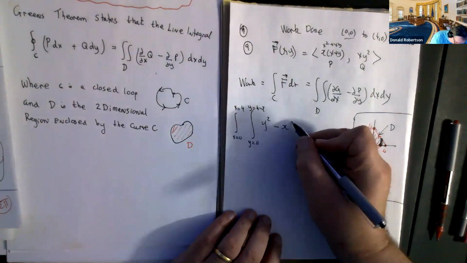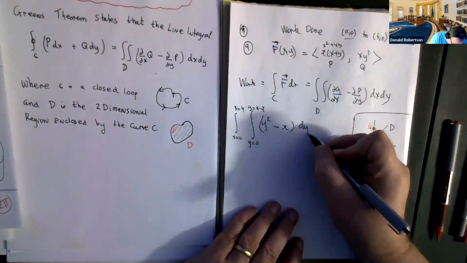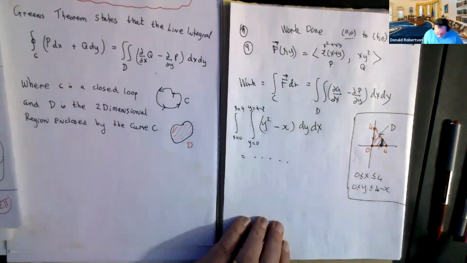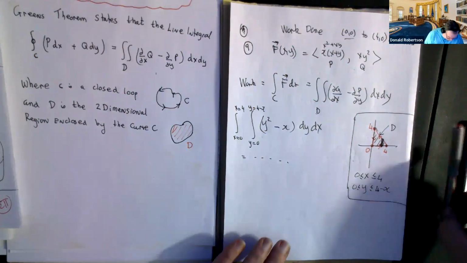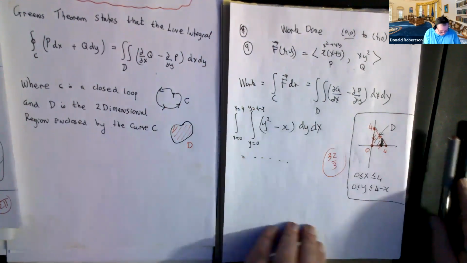So it looks like that's the two guys we've got. And then it's a dy dx. And so on. I think you can finish that yourself. According to the answer I have, it's 32/3.